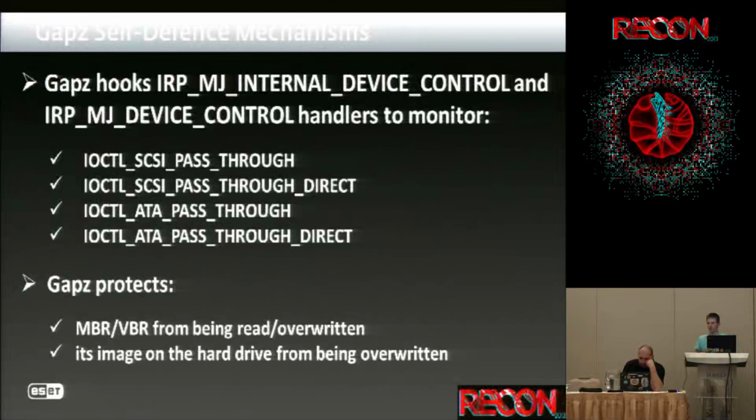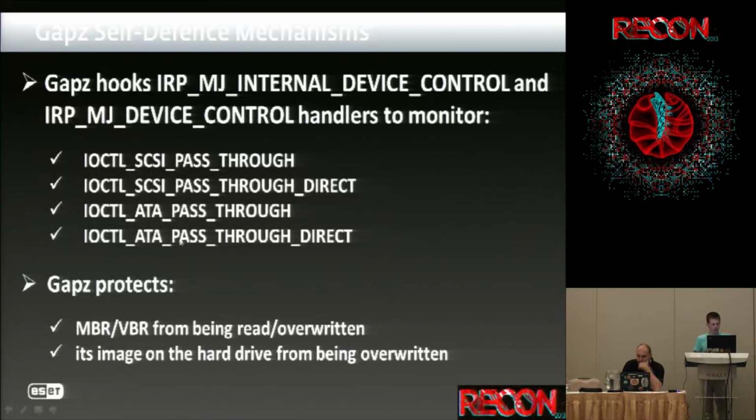To be able to protect itself from being removed from the system, it hooks the IRP_MJ_INTERNAL_DEVICE_CONTROL, which is a de facto standard in modern rootkits targeting the Microsoft Windows platform. It hooks the following handlers and is interested in these requests. It monitors these requests to protect the MBR or VBR of the system from being read or overwritten.